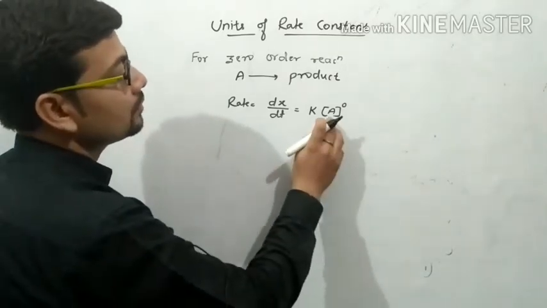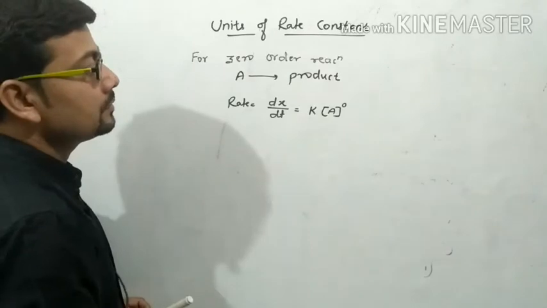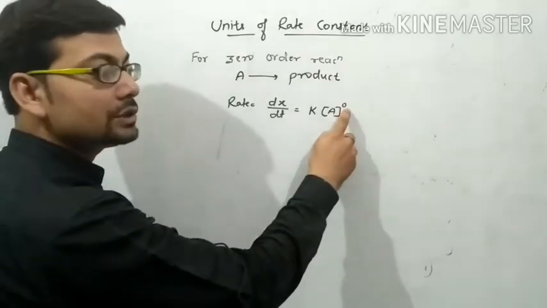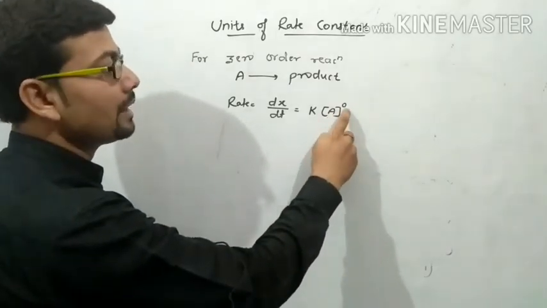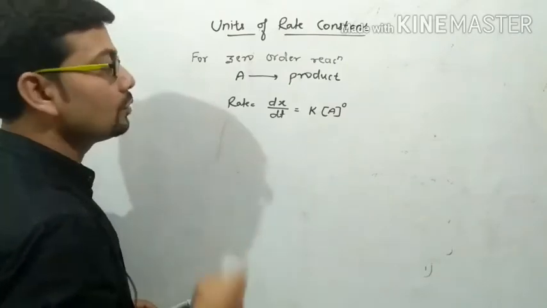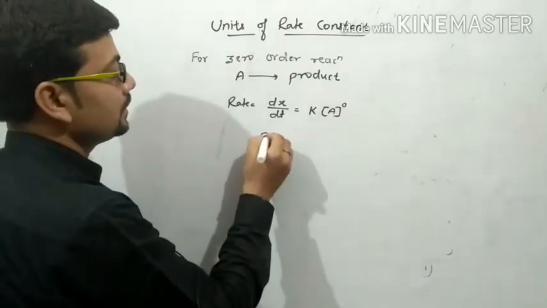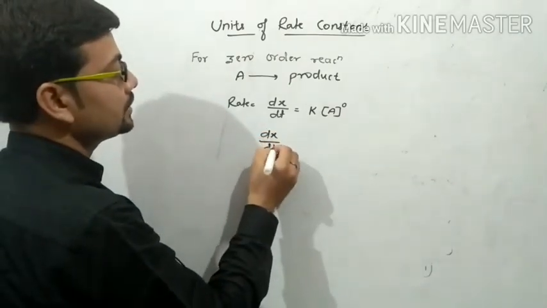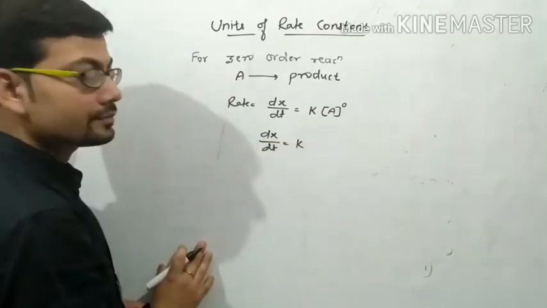As you know, any value which has power zero converts to 1. So dx upon dt is equal to k, right?